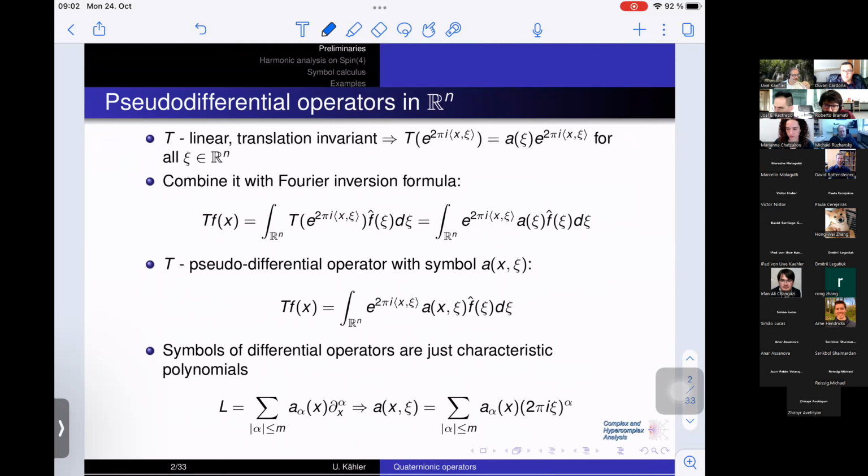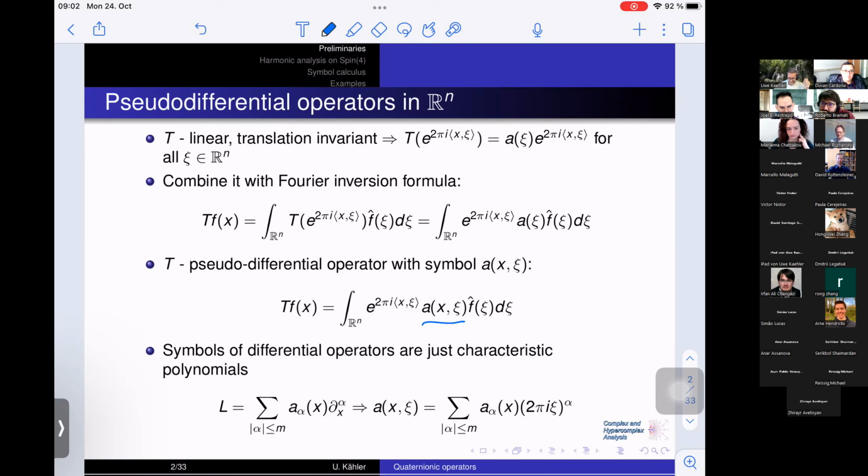In any case, if somebody doesn't really know, basically, we all know that over R^n, if you have a linear translation invariant operator, of course, it's just a multiplier on the Fourier side. And with that we have the standard formula. Of course, you can then have your symbol and the pseudo-differential operator for that.